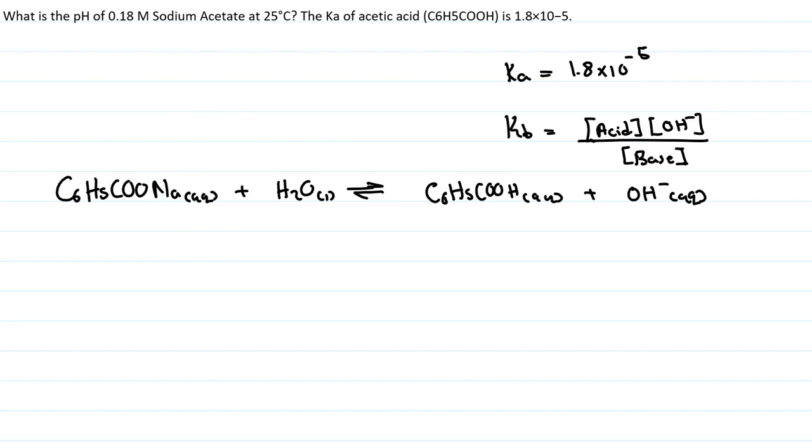Note that the sodium ion does not react in water, so you can leave that one out if you want. You can leave it out just like that and put something like that minus over there.